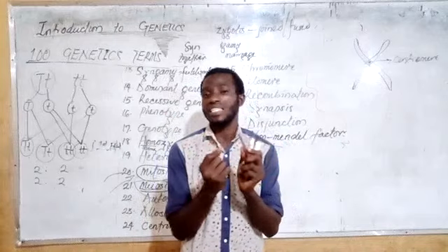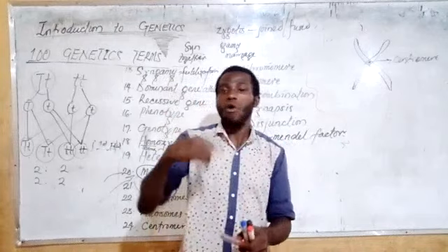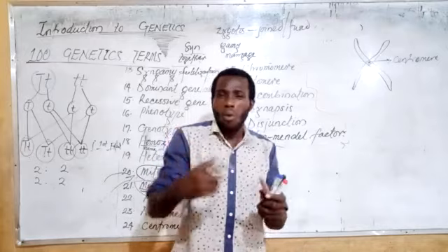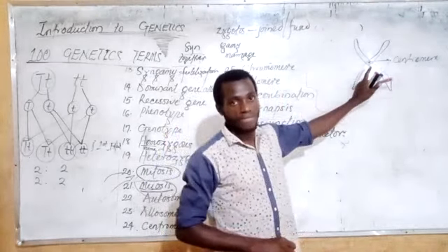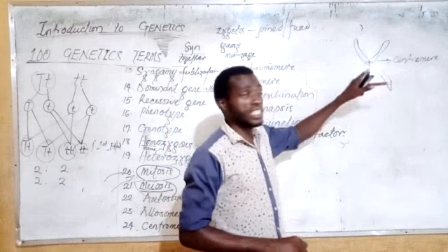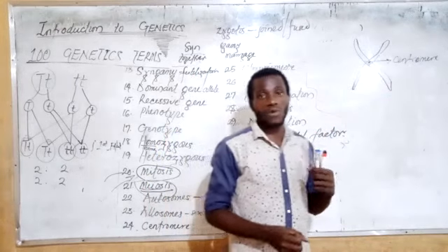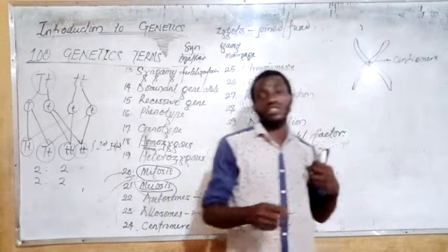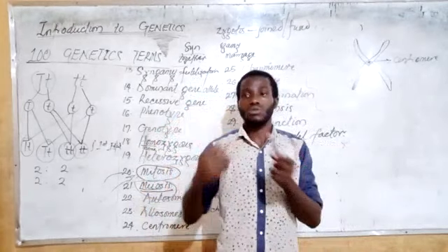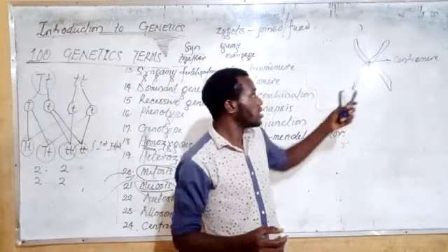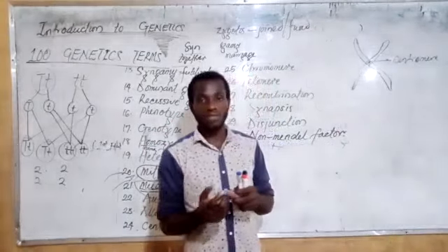a higher level of compactness of the DNA coiling. The DNA coils so much and becomes really compact at this point, called the centromere. Alright, and it is for different reasons: for gene regulation, and of course to hold chromosomes in place for division.